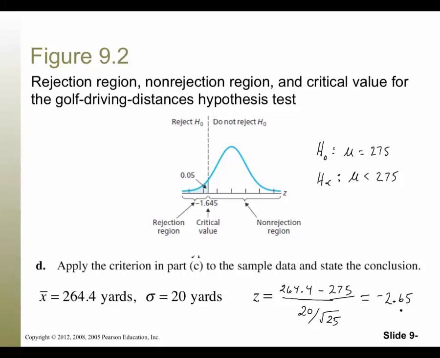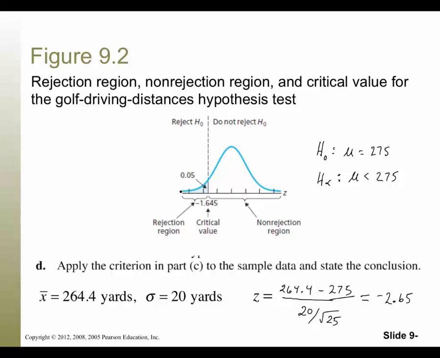We're saying if his driving distance was 275, then this particular sample was way low compared to that. So at a 5% significance level, we would reject this, right?